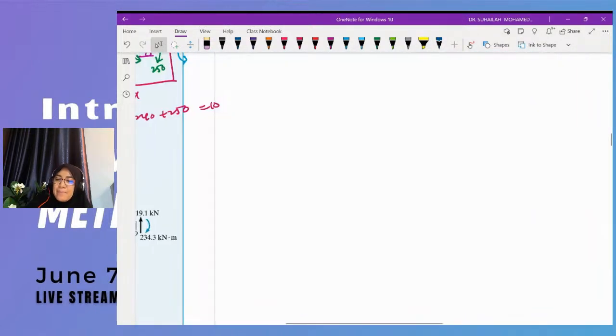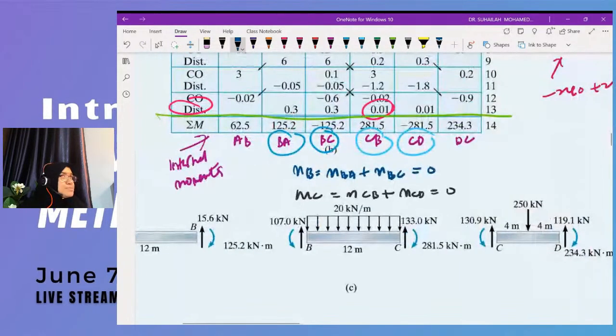We have AB, BA, BC, CB, CD, DC. Look at the value, by considering the moment sign.